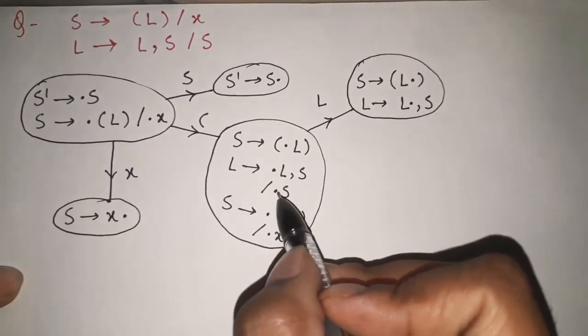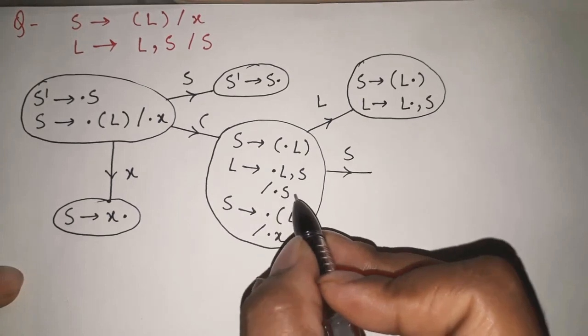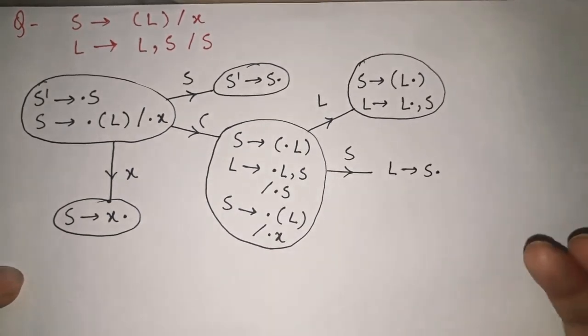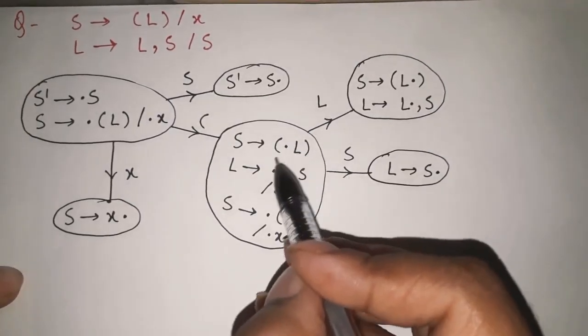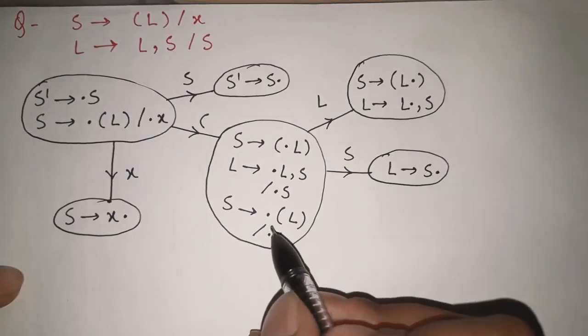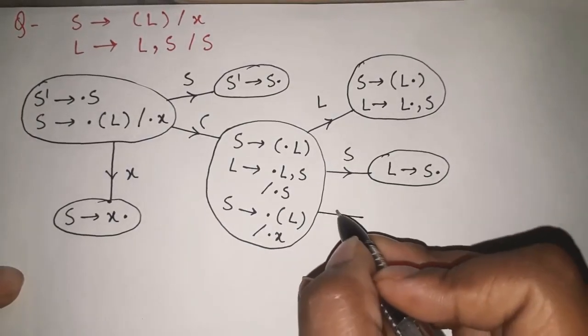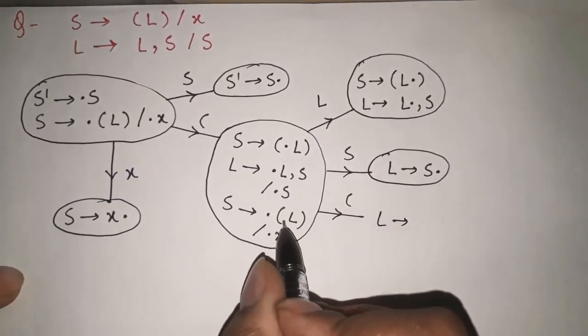Now I have to parse capital S. The dot will be shifted one side right, so L gives S. Capital L is done, capital S is done. Now I have to write for the opening bracket and x. For the opening bracket, S gives (.L), the dot shifted one side right.